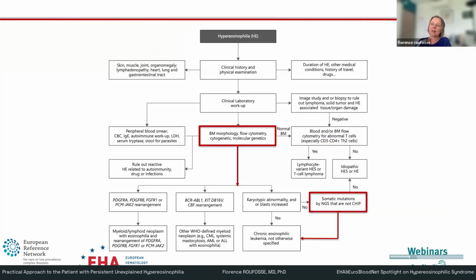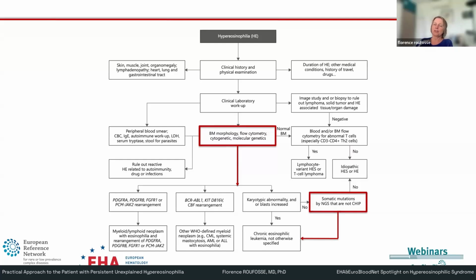Another important and, I'd say, more novel perspective when doing bone marrow in patients is the possibility of doing next generation sequencing and demonstrating the presence of somatic mutations, potentially that have not yet been described in this setting, or perhaps that have been described in a handful of patients, because that's how we're going to actually make progress in recognizing clonal hypereosinophilia.